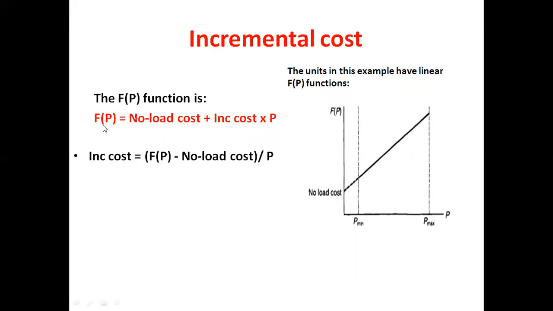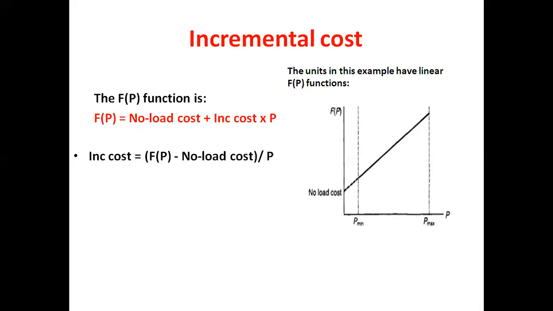So FP is the no load cost plus incremental cost into power. So the incremental cost is FP, the function of fuel cost, minus no load cost, divided by power. This is the general formula of incremental cost that we will apply in order to calculate the total cost.